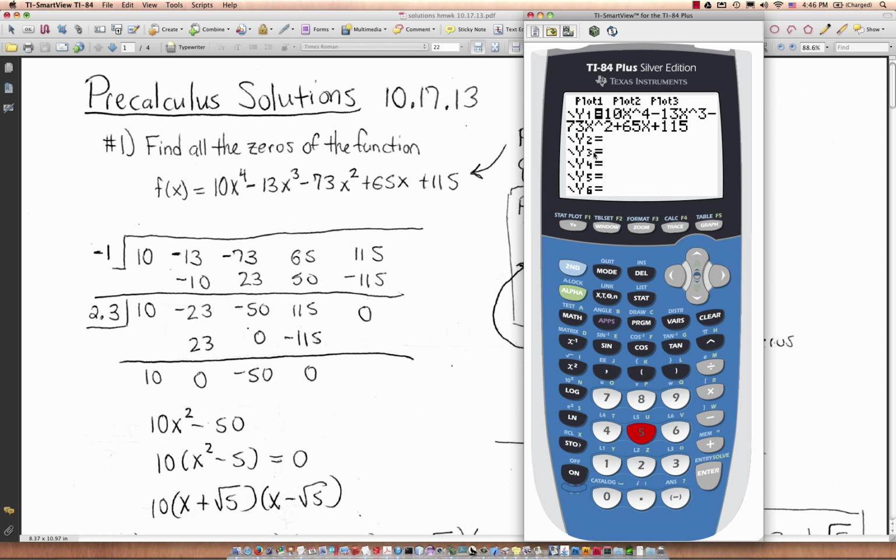So now I have my function entered. Let's check our window, and let's just start with the good old standard, negative 10 to 10, just to see what we get. Let's hit graph.